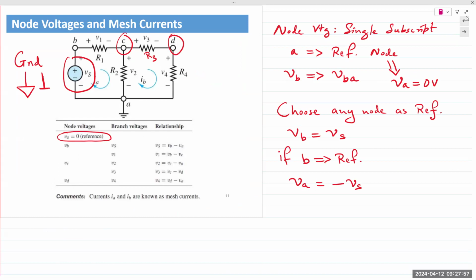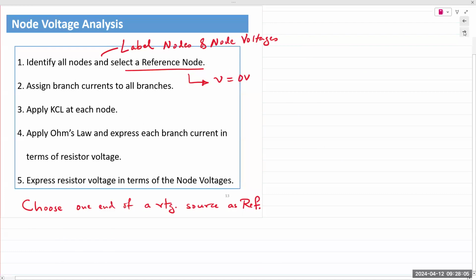Choose any node as reference, but yes, if you have a voltage source, choose one end of the voltage source as your reference, and that would automatically give you an answer for 2 of those nodes, right? If you have a voltage source, you choose one end as reference, so that's 0, and the other end would be the supply voltage. To keep things simple, choose the negative end of the voltage source or the common terminal as 0 volts as reference. So the other end, you would have positive Vs.